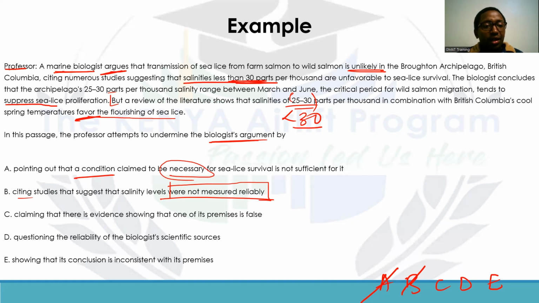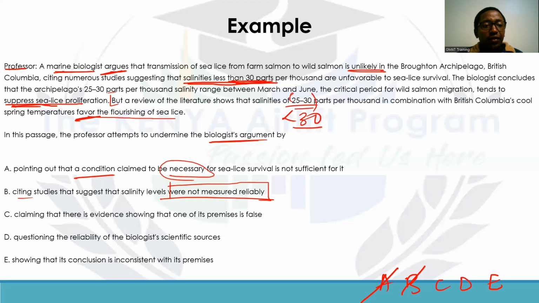C, claiming that there is evidence showing that one of its premises is false. Remember, the premises of the marine biologist's argument is that salinities less than 30 parts per thousand are unfavorable, hence it tends to suppress sea lice proliferation.